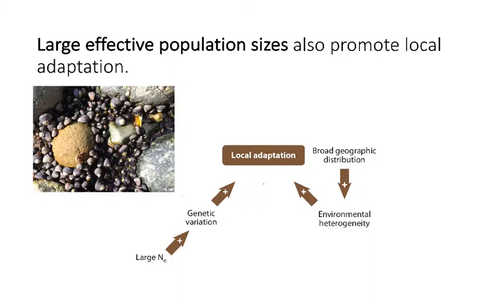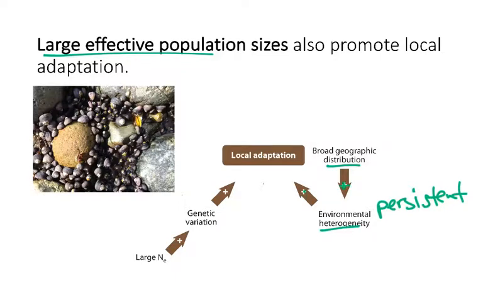One other factor that ties into things we talked about previously that also causes local adaptation is a large effective population size. So if we look at this graphic here on the bottom, like we just said, if you have a broad geographic distribution and persistent environmental heterogeneity, that's going to lead to local adaptation.